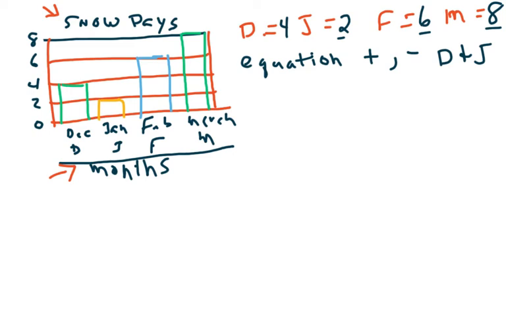All right, well, let's do the same thing we did with the pictorial graph here, and let's look at, is there an equation that we could write using addition and subtraction for December and January? So if we go to December and January here, is there an equation we could write using the D and the J, the variables, to show an addition and subtraction, one for addition, one for subtraction, sentence for December and January?